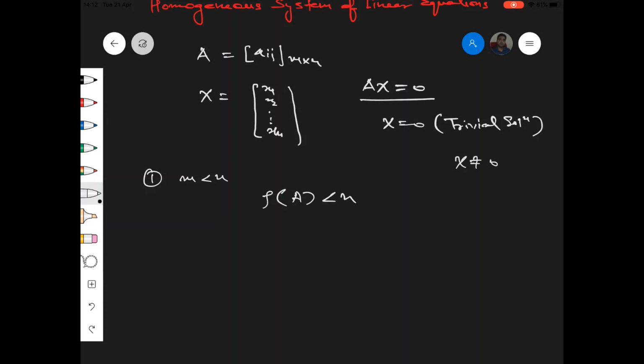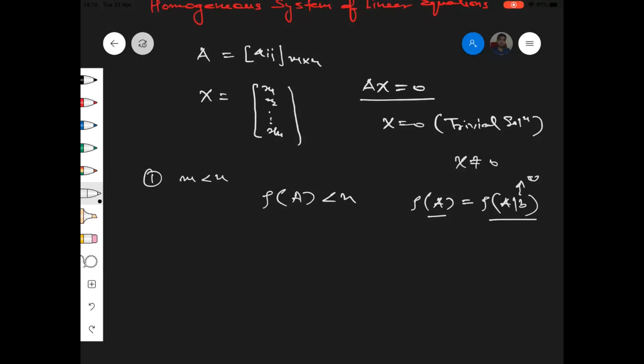As we know from the consistency of a system of linear equations, a system will be consistent only when the rank of the coefficient matrix is equal to the rank of the augmented matrix. But here, where B is already 0, the rank of the coefficient matrix and augmented matrix will always be the same. So the system is always consistent.